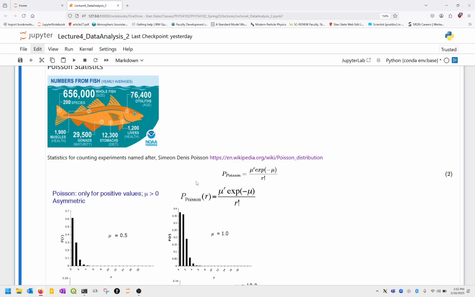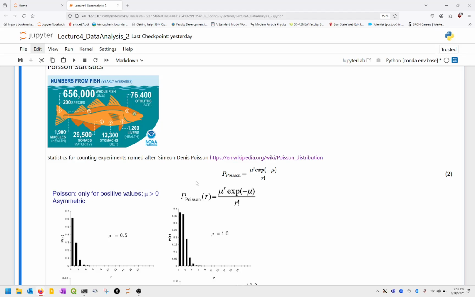If you don't like r, just replace this with x, the horizontal we're talking about, and this function is of mu. What the hell is mu? Mu is basically the expected number of events. So in our case, it's going to be 174. 174 to the r power, times the exponential of negative 174, divided by r factorial.